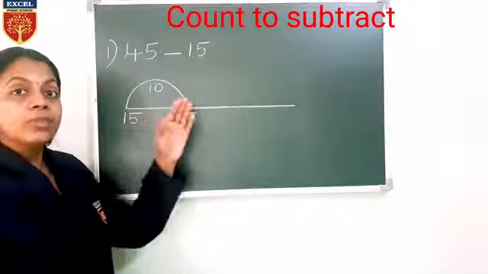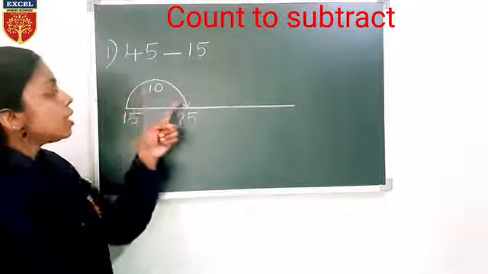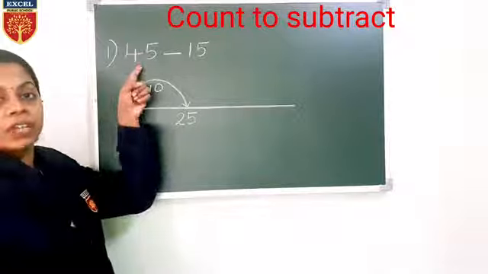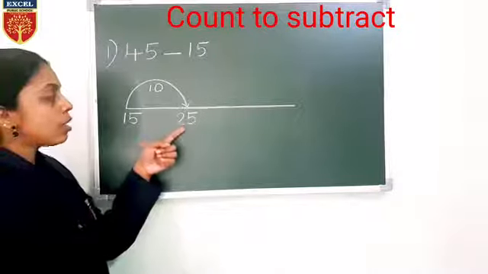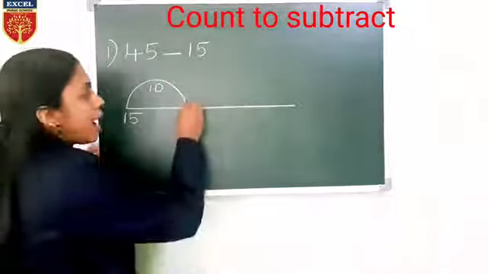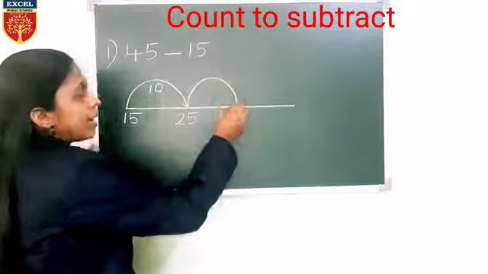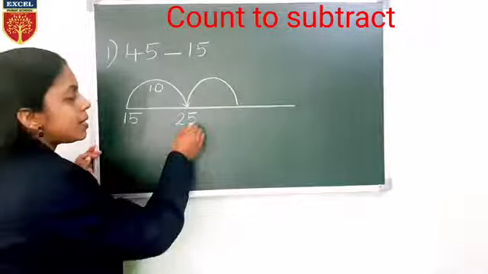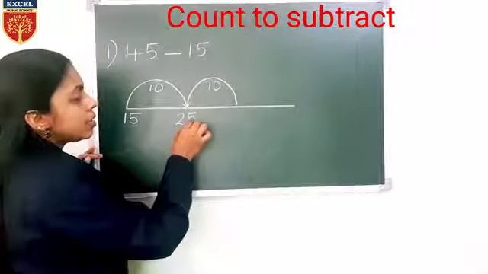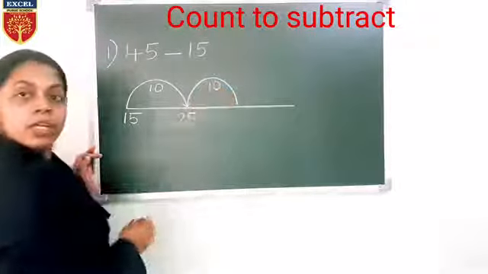But where we need to reach? We need to count in jumps till we reach 45. Now we are on 25. So again one more jump. Add 10 again to this 25. Then 25 plus 10, 35.